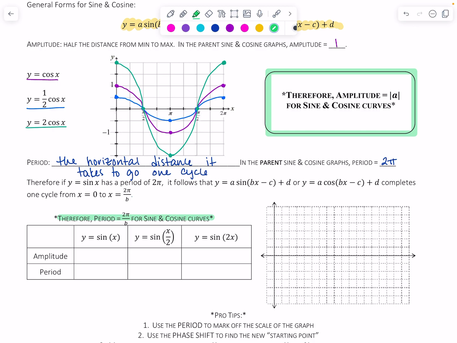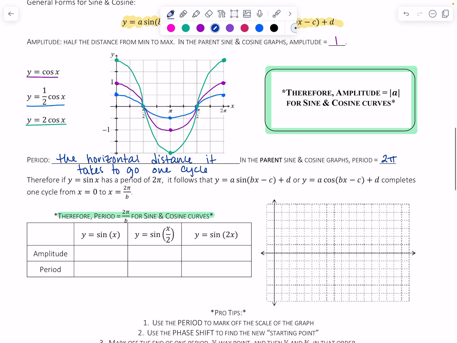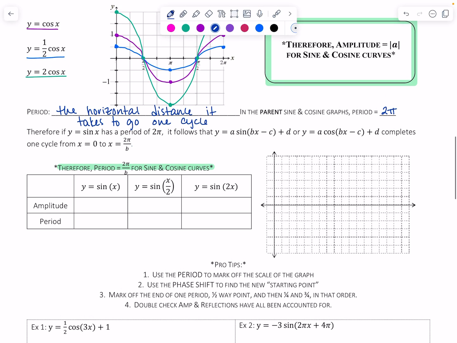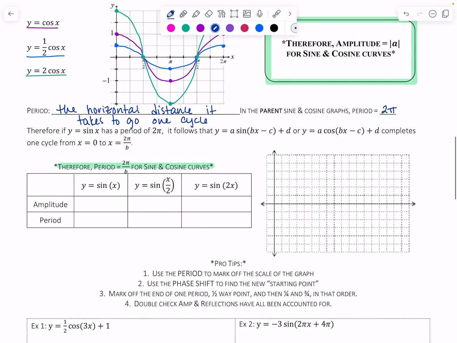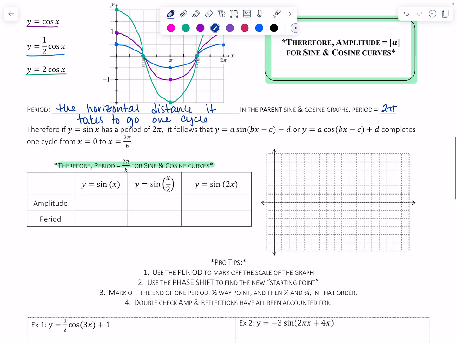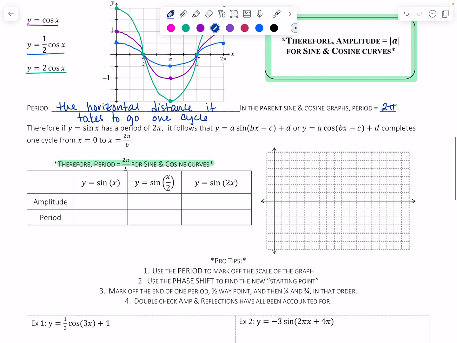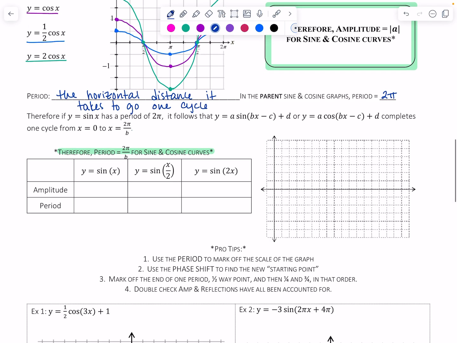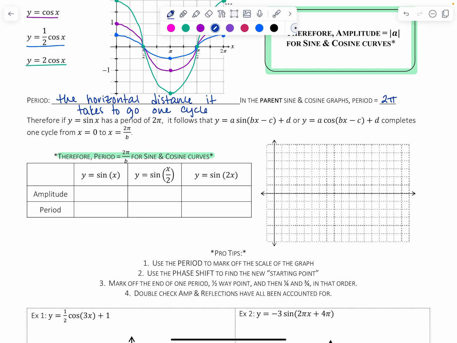And it's actually almost a little bit easier, I think, than some of our dilations that we've done in the past, is that you simply just have to take that b value, and of course make sure that you factor it out when need be, and you want to take 2 pi over the b value. So if we're thinking about this first one, just parent function, so we have sine of x, we have an amplitude of 1, our period is going to be 2 pi.